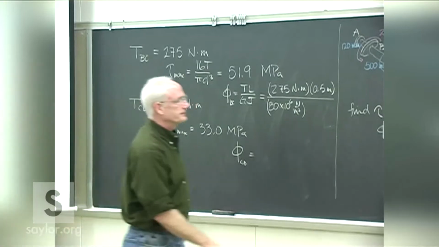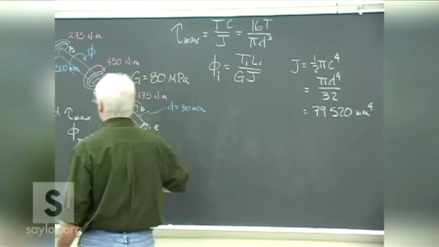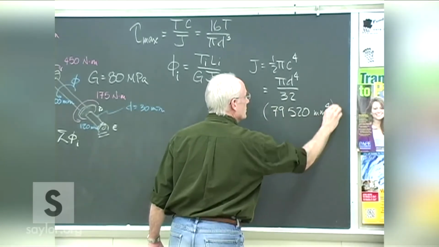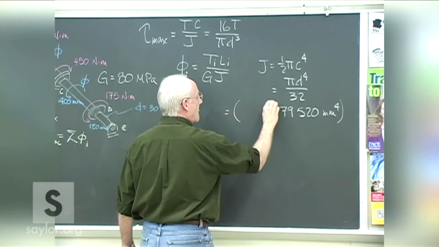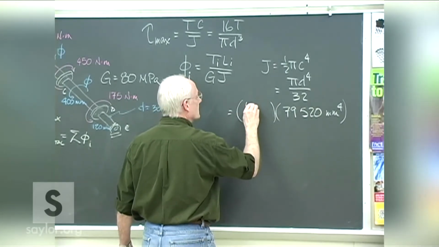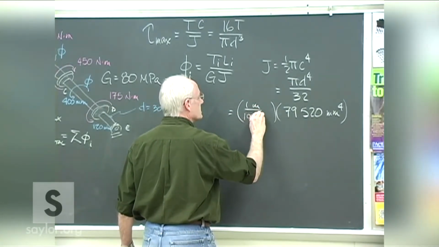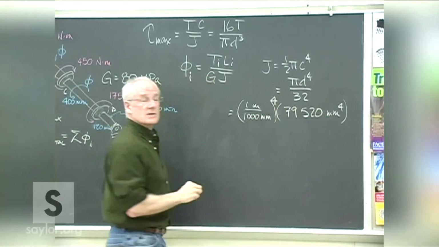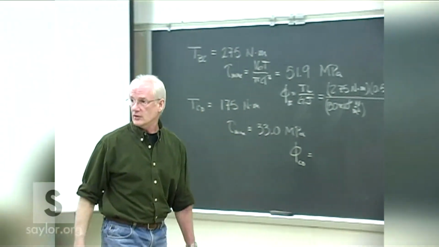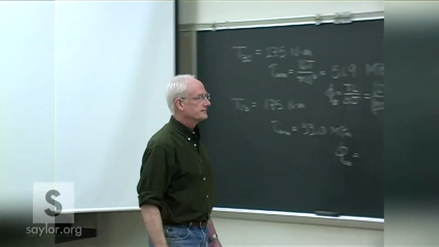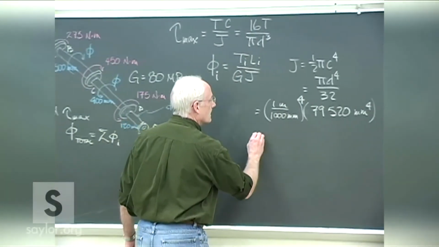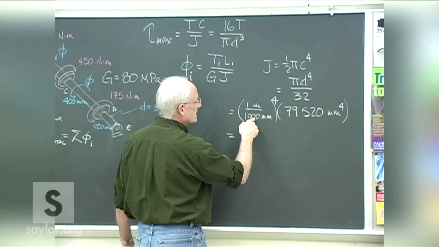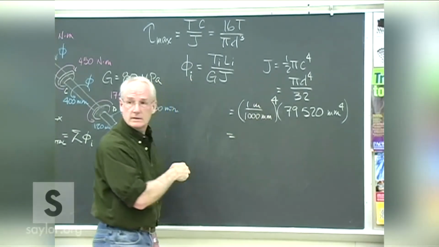And J is in millimeters, so to get it into meters, you do 1 meter over 1,000 millimeters, but it's millimeters to the 4th, so you have to put that whole conversion factor to the 4th. So it's going to be times 10 to the minus 12th.